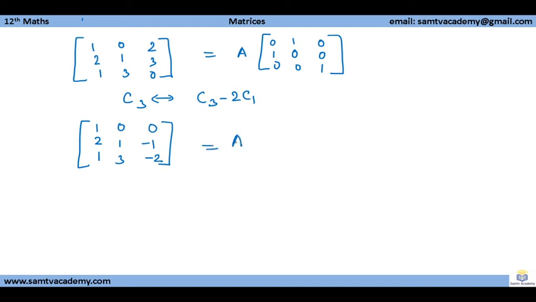Similarly, the same step we will perform on the right hand side. 0 1 0 1 0 0, and this is 0 minus 0 will be 0, 0 minus 2 will be minus 2 here, and 1 minus 0 will be 1 only.